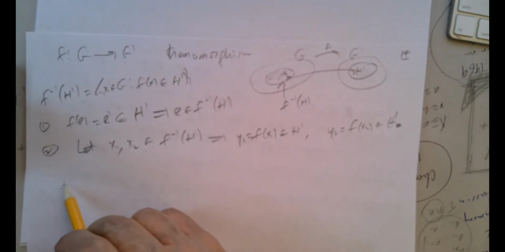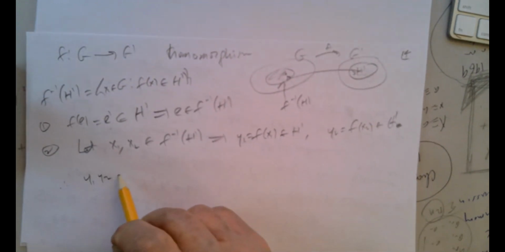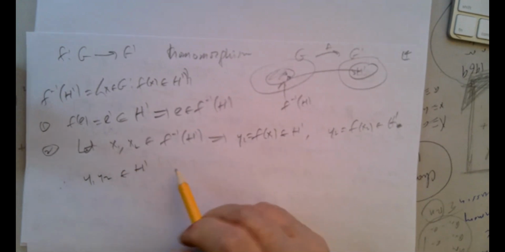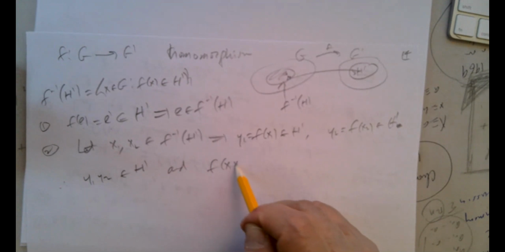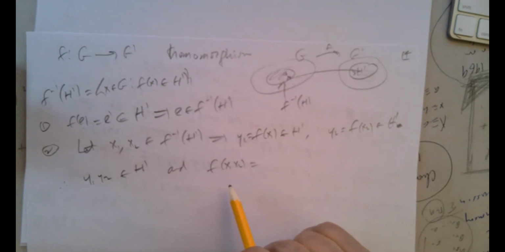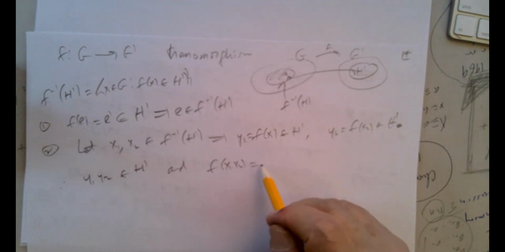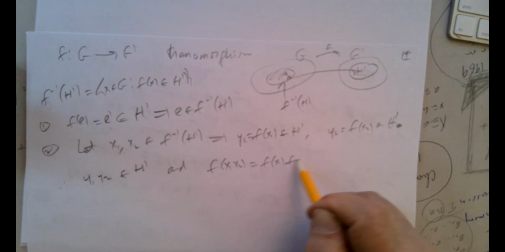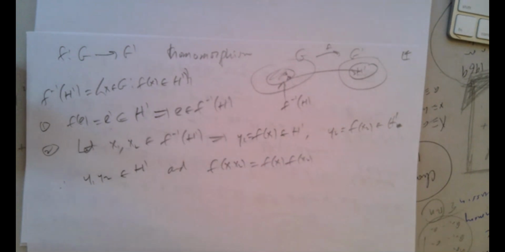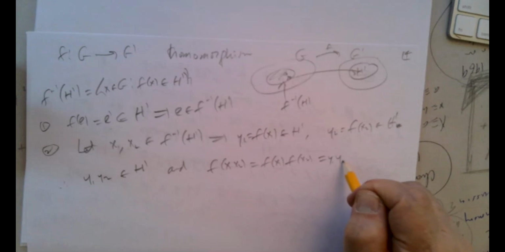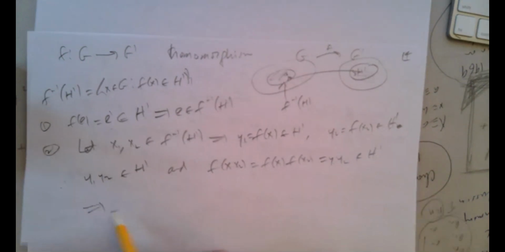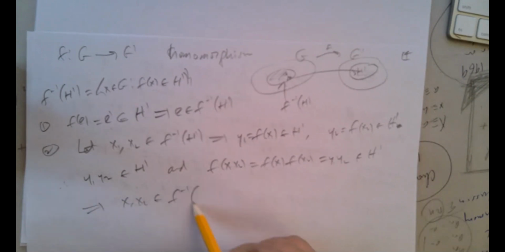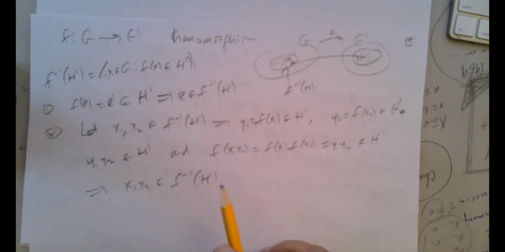So therefore, y1 y2 is in H prime. And if we compute f of x1 times x2, because f is a homomorphism, this is f of x1 times f of x2, which is y1 times y2, which is in H prime. So x1 times x2 is in f inverse of H prime.